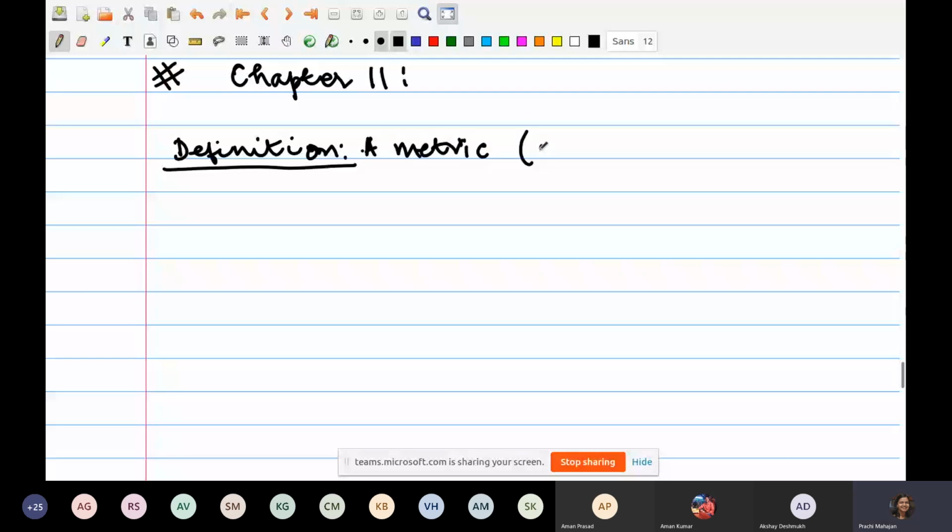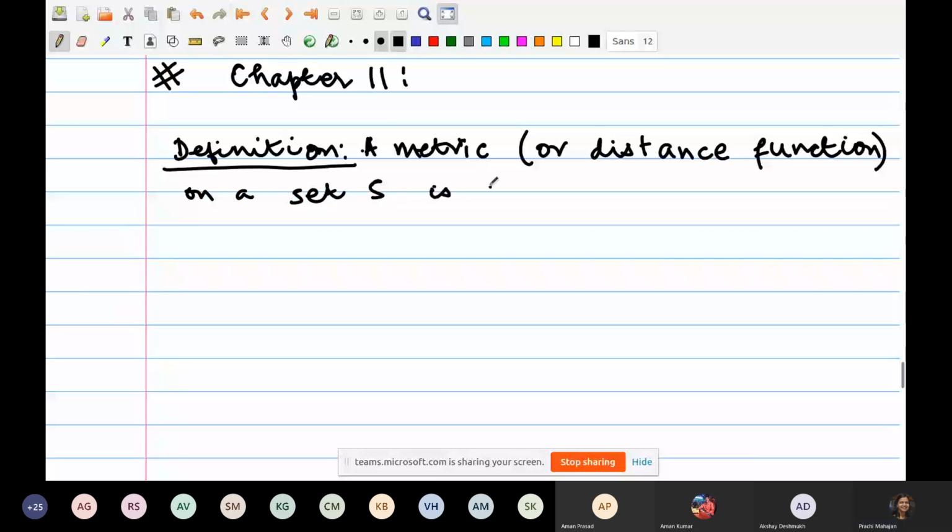or this is also called a distance function, on a set S is a function. I'm going to denote this by d.